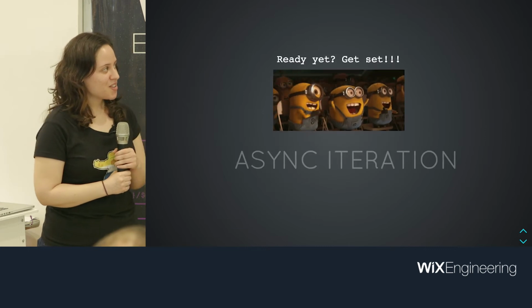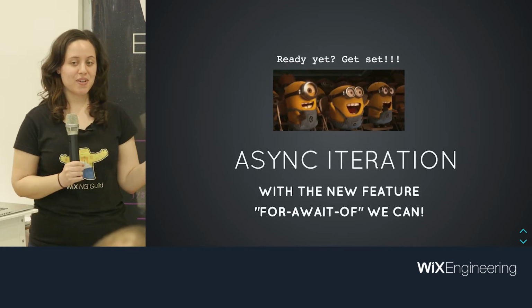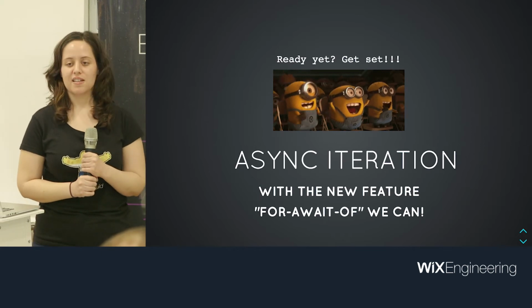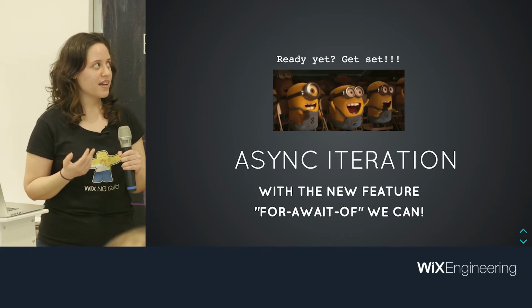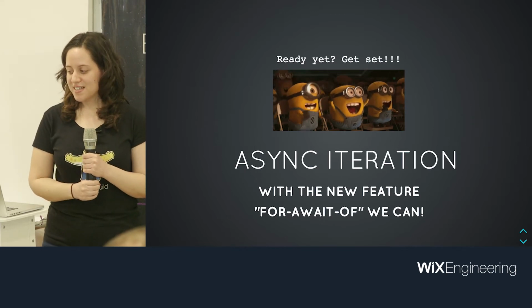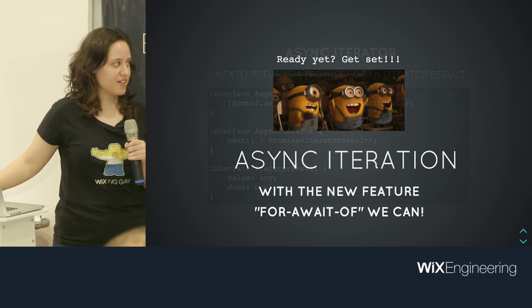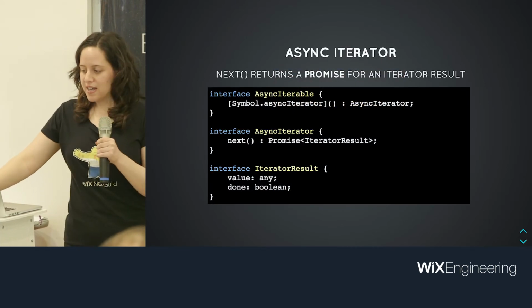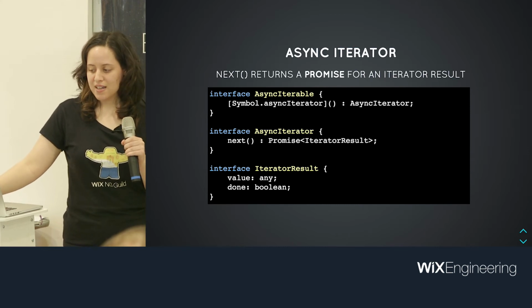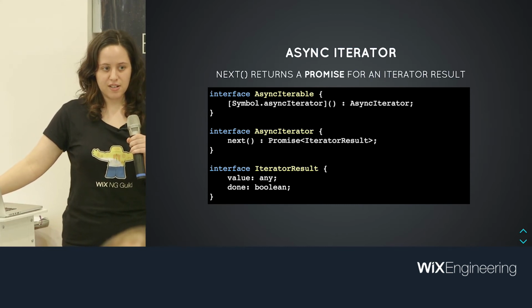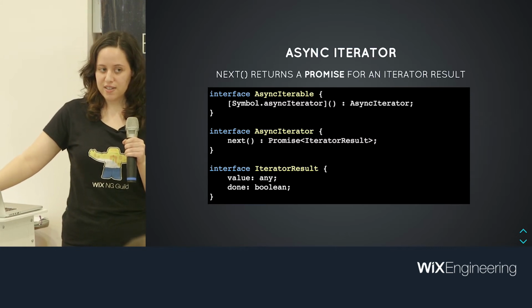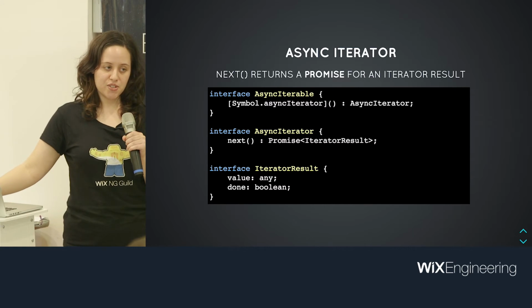With the new async iteration feature, we actually can do that. With for-await-of, a new syntax, we can iterate over async iterables. Before we talk about async iteration, let's see what an async iterator is. An async iterator is almost like a normal iterator, but instead of returning an iterator result, the next function returns a promise to an iterator result.